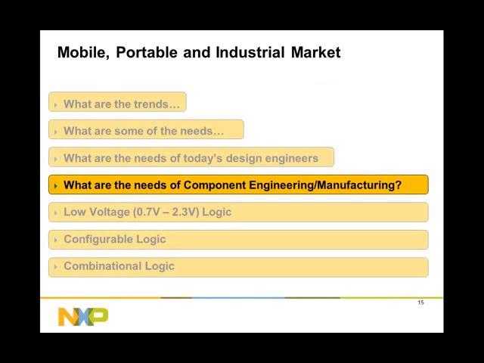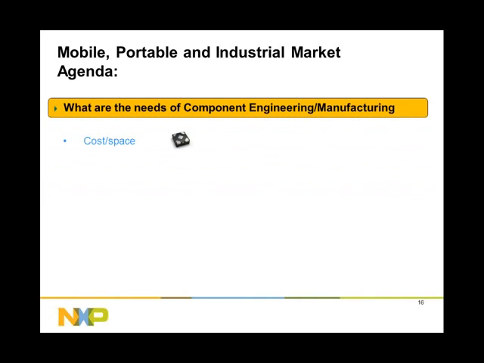Okay, and now moving on to the needs of component engineering and also manufacturing. To component engineering, space is extremely important, and the smaller you can make the package, the better. Also, cost is important. So if you can get these products cheaper, that is important. However, if these products are so small and very difficult to use, then the cost of implementing them in a design is very costly.